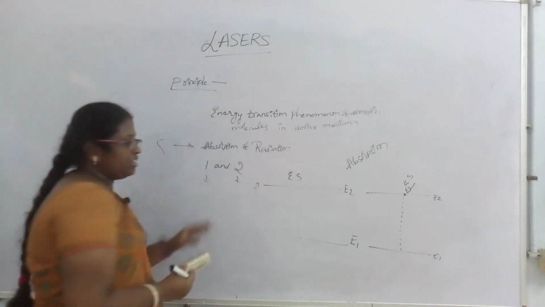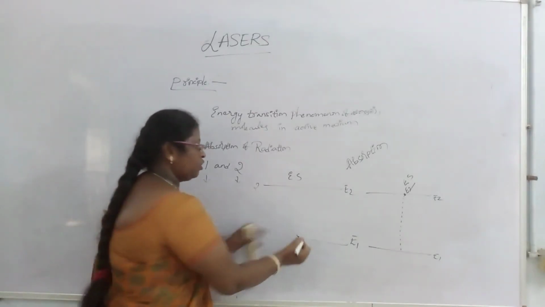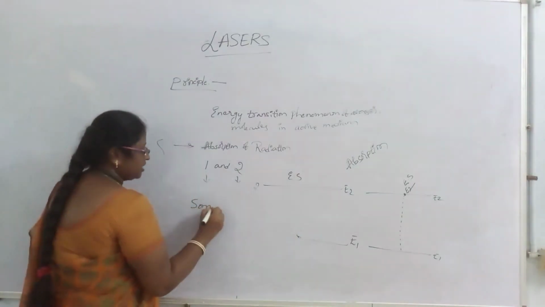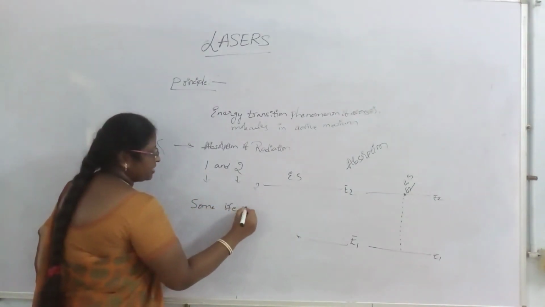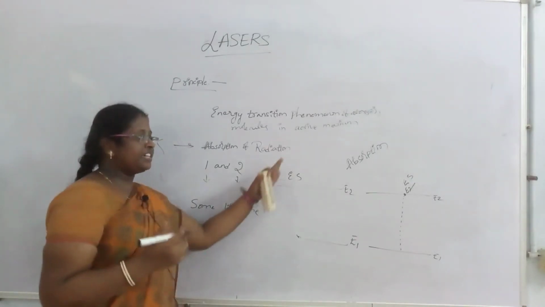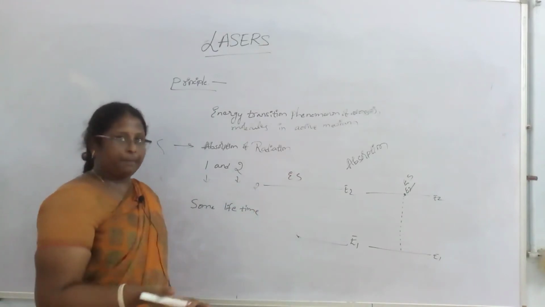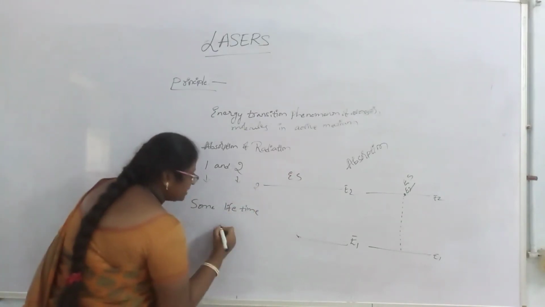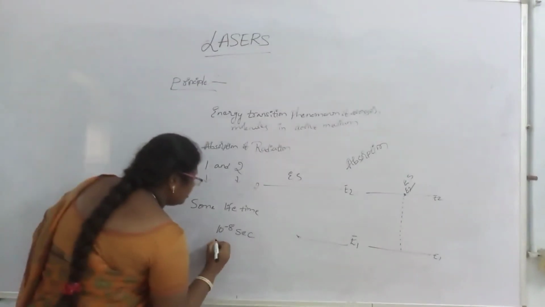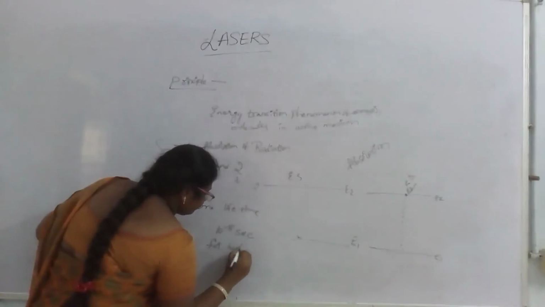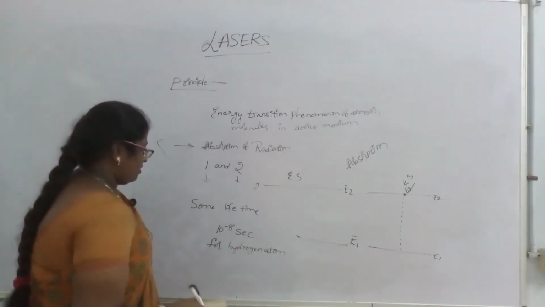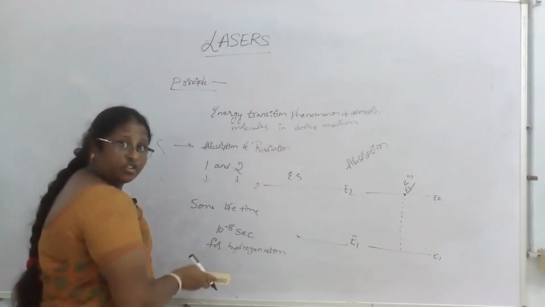This is known as stimulated absorption or absorption of radiation. We know that the atoms go from the ground state to the excited state. In this excited state, some lifetime occurs. What is the lifetime? The lifetime means the atom will be present in that state for some time. The lifetime of the excited state atoms is 10 to the minus 8 seconds for the hydrogen atom.